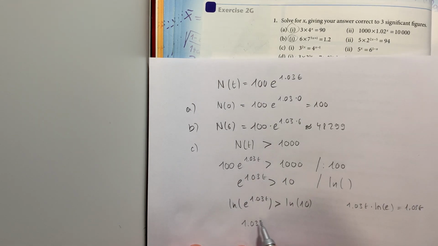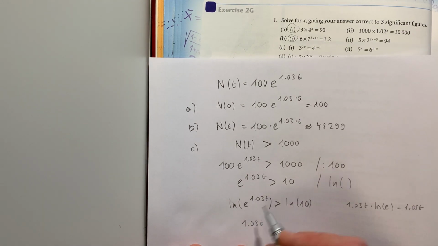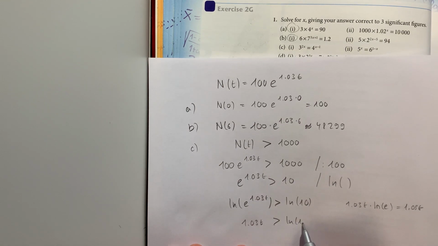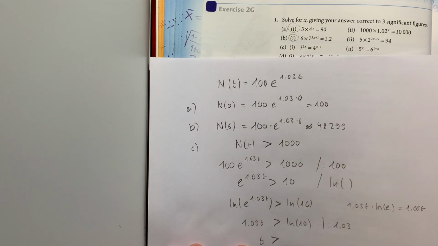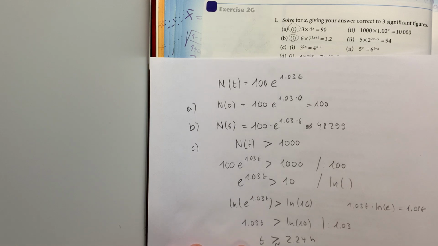It just undoes the e to the power. So ln 10. Now you divide by 1.03, so t is greater than approximately 2.24 hours. That's roughly 2 hours and 14 minutes and some.